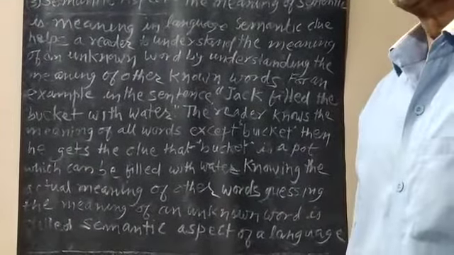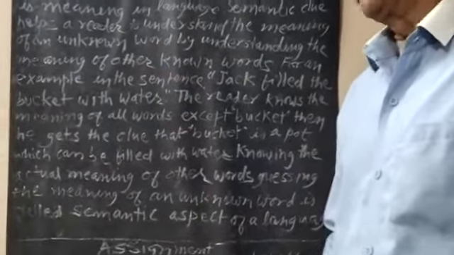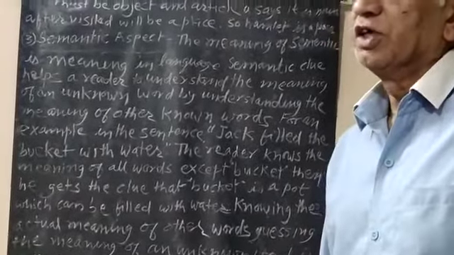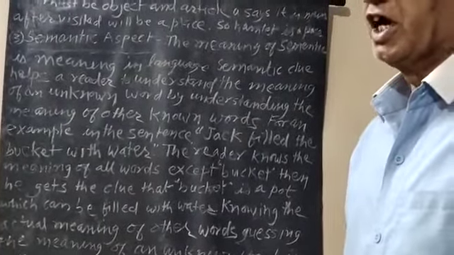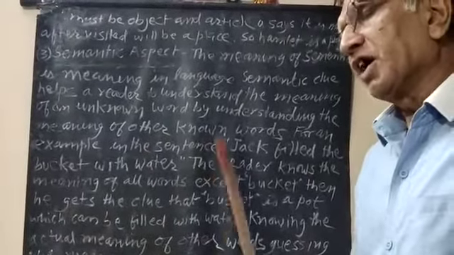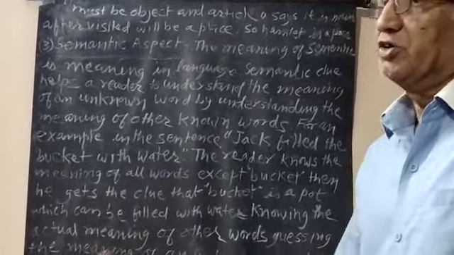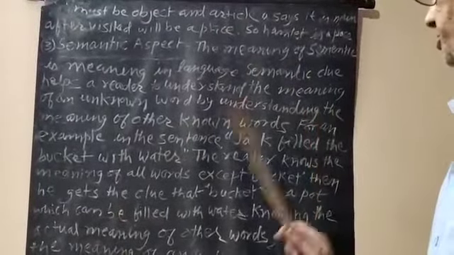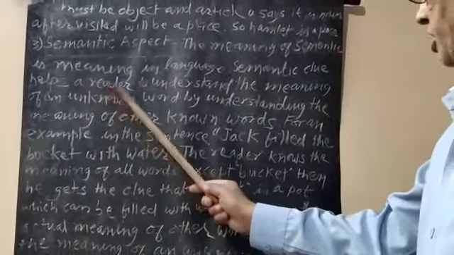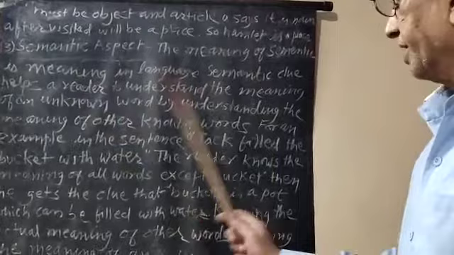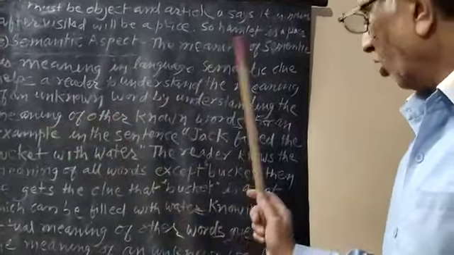If the reader knows the meaning of other words, and only one word is unknown, then with the help of known words, he will get the idea of the meaning of the unknown word.